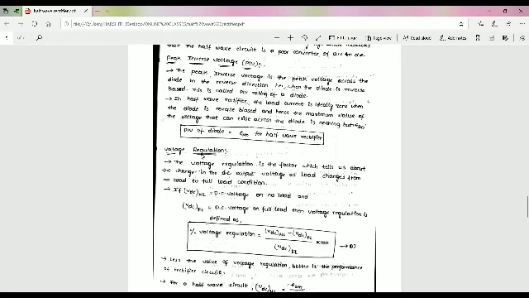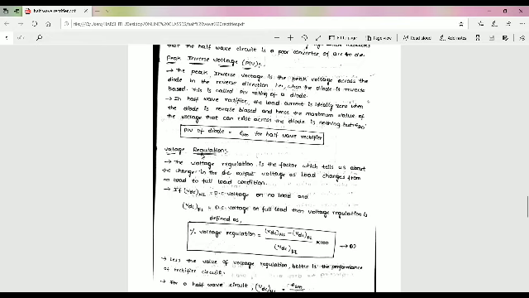Voltage regulation is the DC voltage on no load minus DC voltage on full load by DC voltage on full load.